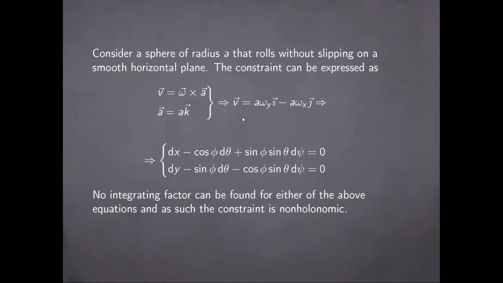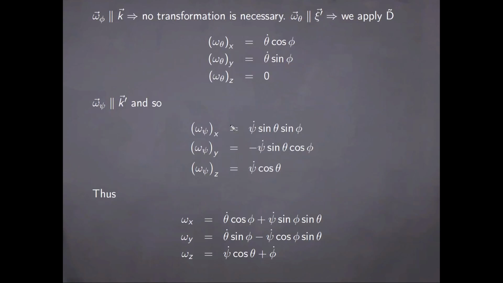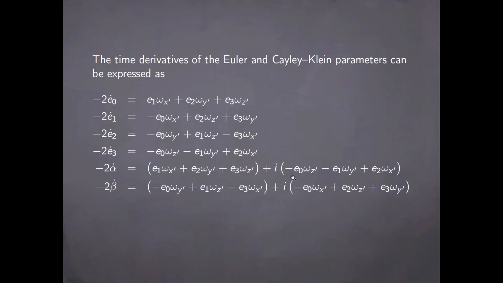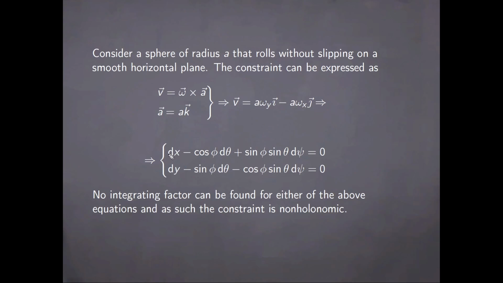Now if we write the two equations down, considering the components that we have obtained here, we arrive at the following set of two differentials. The same procedure applies as in the case of the disk that rolled without slipping in a plane, which we studied back in the first chapter.